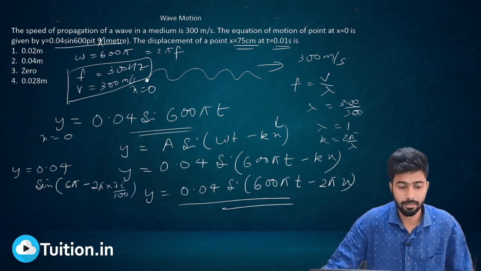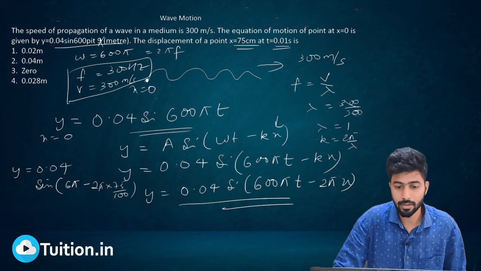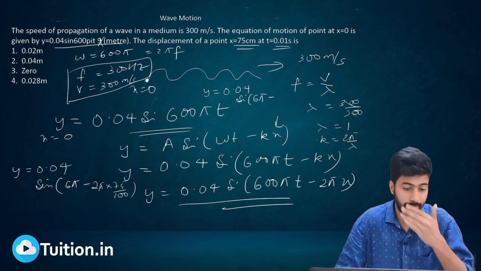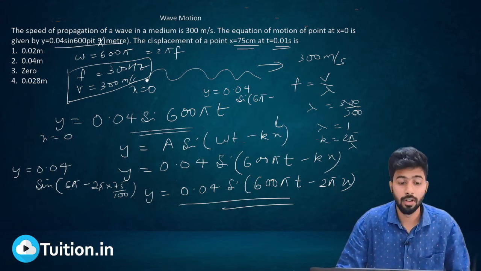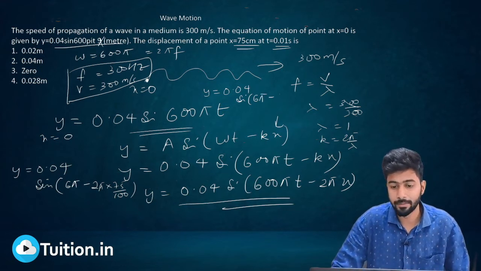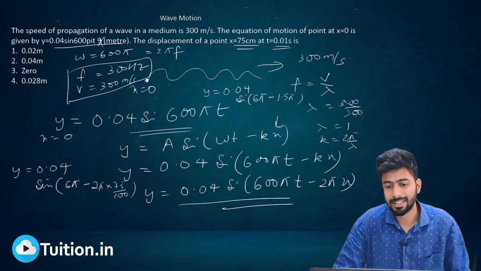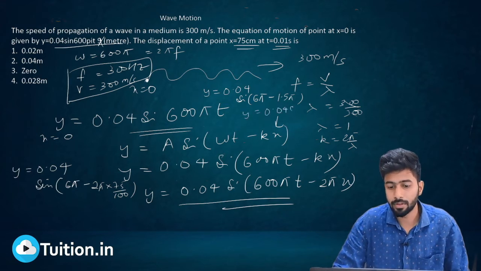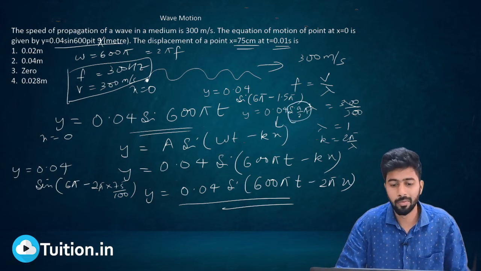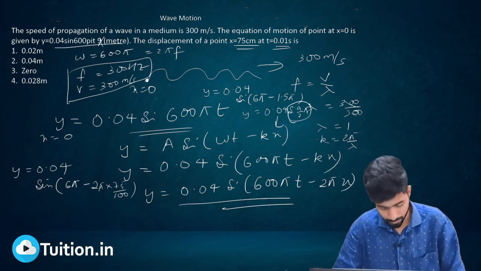So it's 0.04 sin(6π − 1.5π), which is 4.5π, 9 by 2 π. This sin of 9π by 2 will become 1, and you'll get your y to be 0.04 meter.